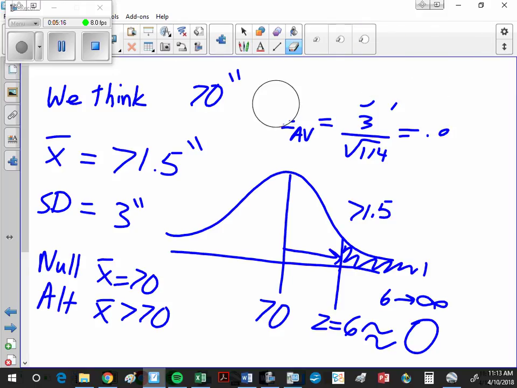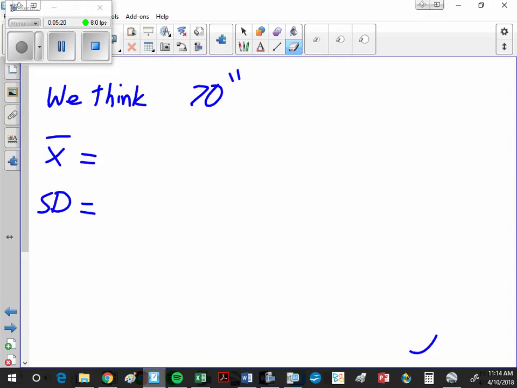Just to show you the other way that things can work, let's say I do this survey and I end up with 68.75 as my sample average, and SD is 8 inches.